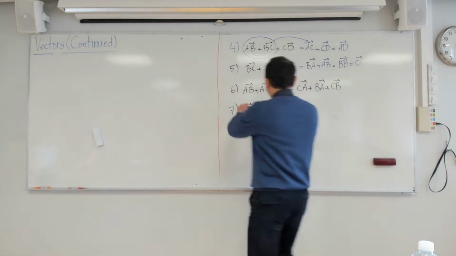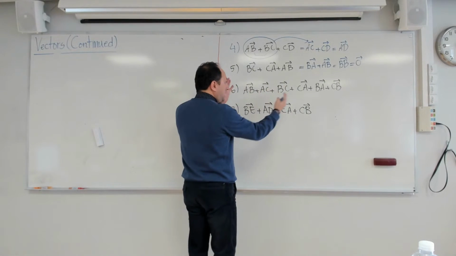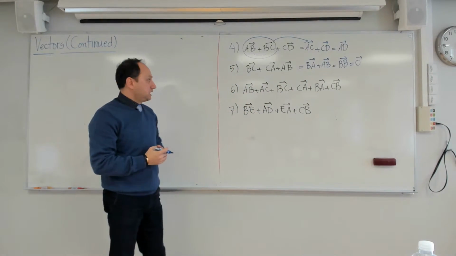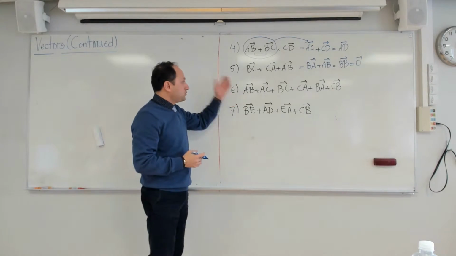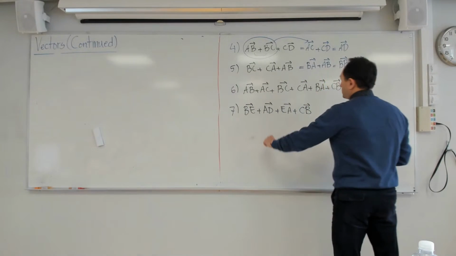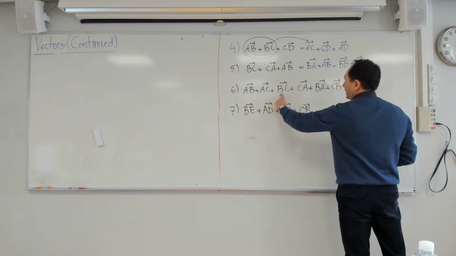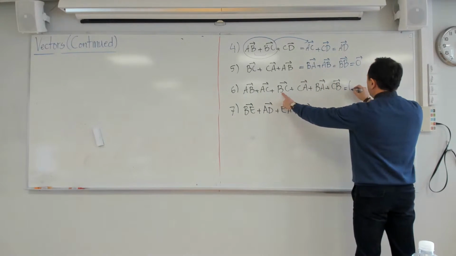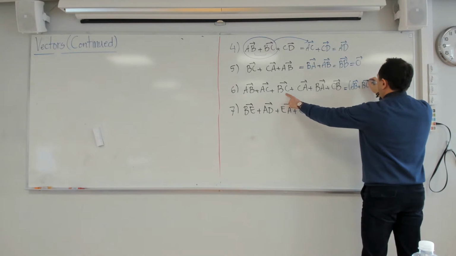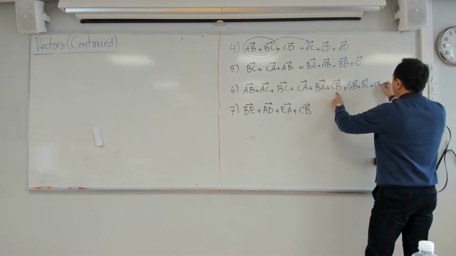Okay, so here I cannot use this, but can I reorganize it in a way that I can use it effectively? The answer is yes, okay? So for example, which ones do you take together? Here, I can take this AB and this BC, you see AB plus BC, and then I have another CB at the end.